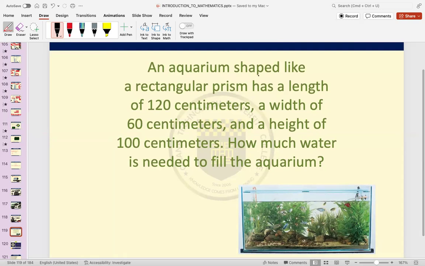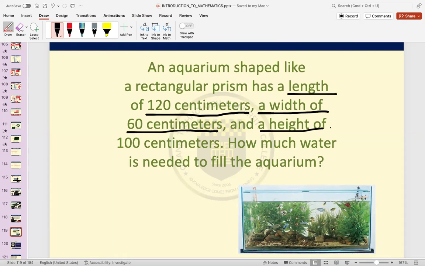An aquarium shaped like a rectangular prism has a length of 120 centimeters, a width of 60 centimeters, and a height of 100 centimeters. How much water is needed to fill the aquarium?